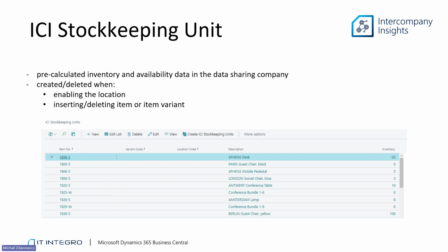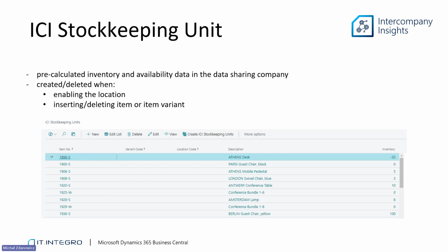The system creates the ICI stock keeping units for all item variant combinations for the specific locations. What is it for? It is for the communication, to make it faster. Because in the old solution, or maybe the still current solution, it's the optional way of communication. I'll tell more about it soon.